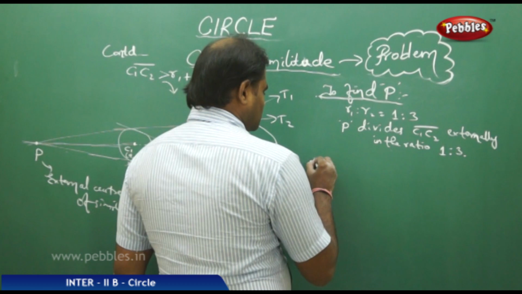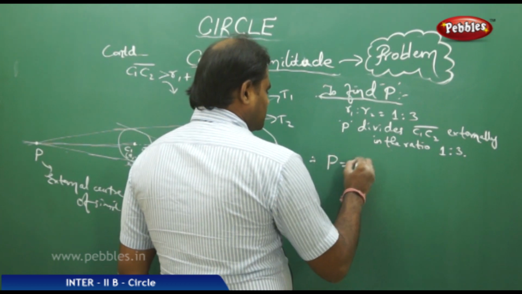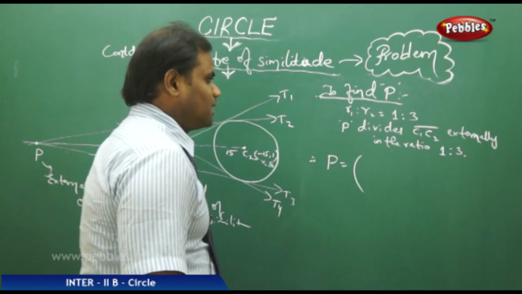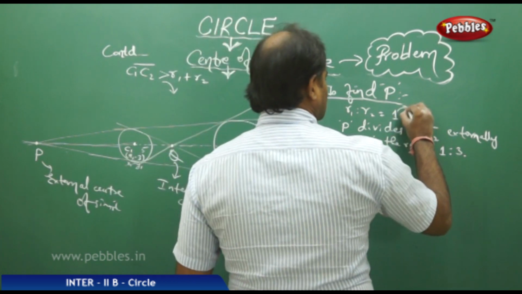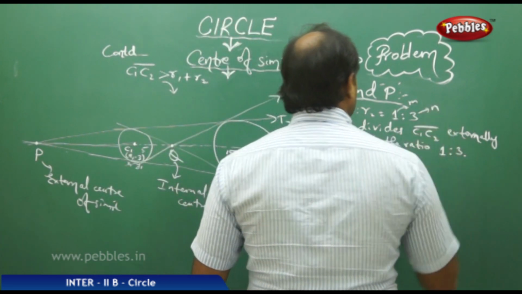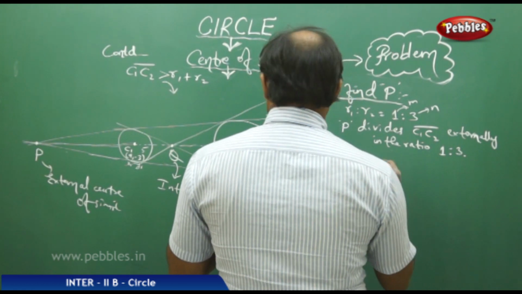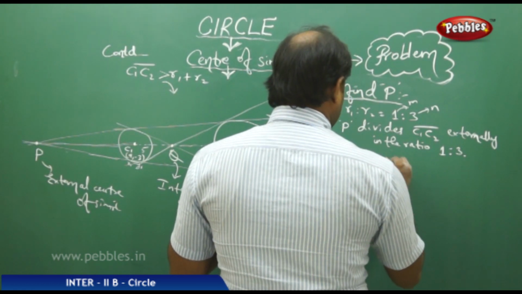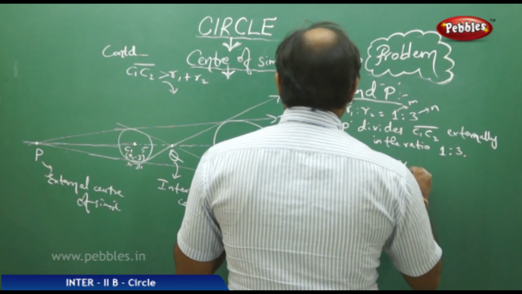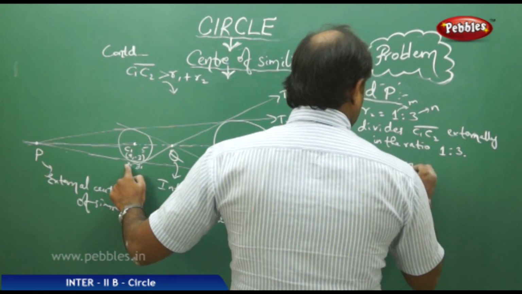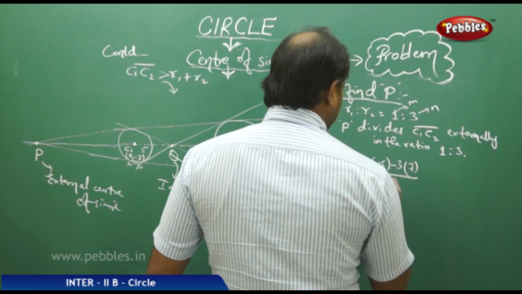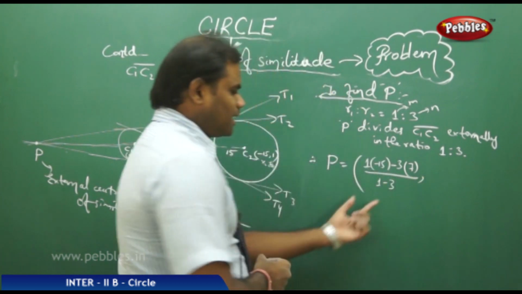Therefore, in order to find P, it is nothing but mx2, where this is m and this is n, 1 times of minus 15 minus nx1, which is this, by m minus n.